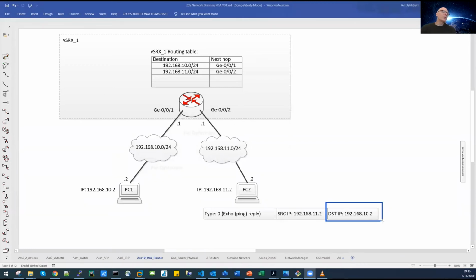PC2 will look at the communication stack in PC2, look at the IP address and realize, okay, this IP packet is not destined for my own subnet that I'm on. It's not for another networking device on this subnet. So PC2 will send that packet over to the router, and that is what we do here. It is going over to the router.